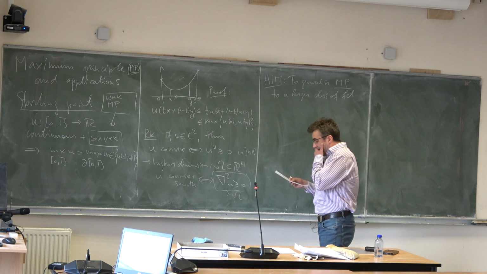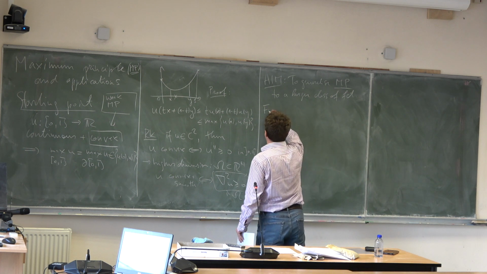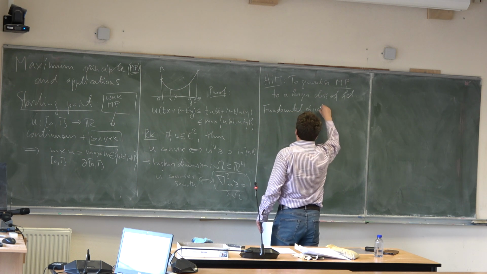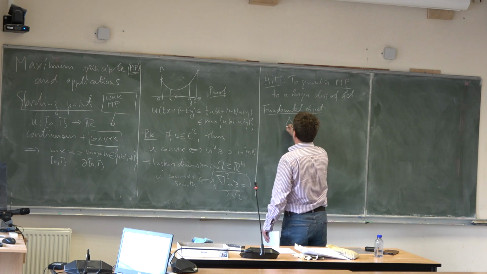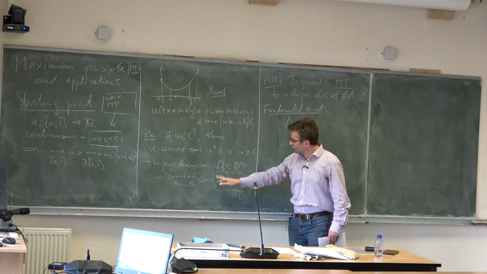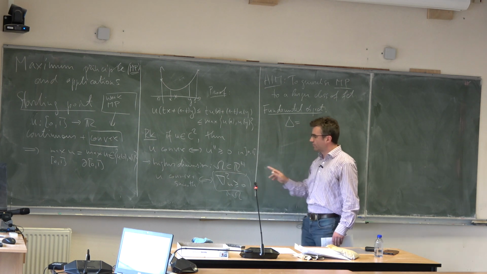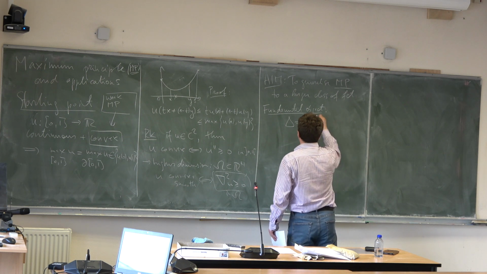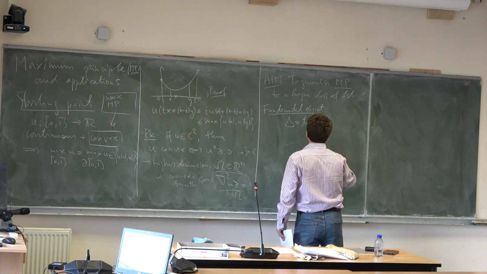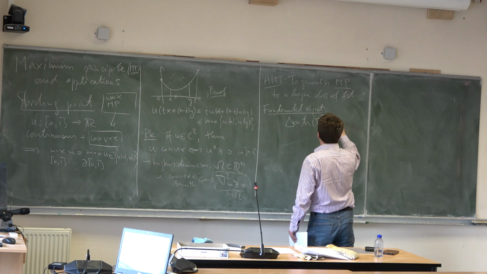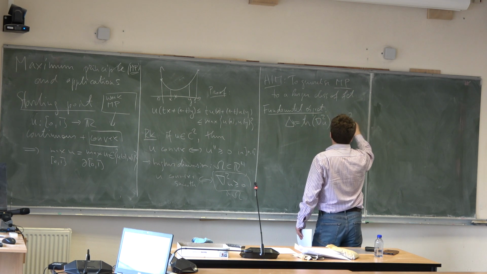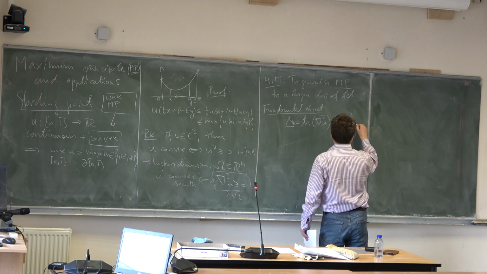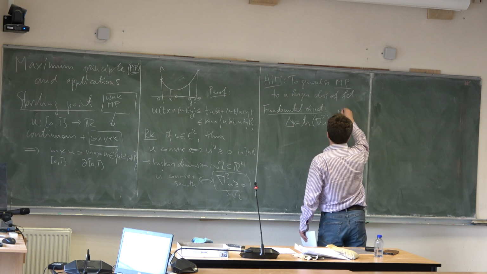And as I said, the fundamental object will be the Laplacian, which is, in fact, you don't need the full information on the Hessian, you just need the information on the trace. So it's like the sum of the eigenvalues. Okay, so this is, if you take second partial derivatives like this, right?